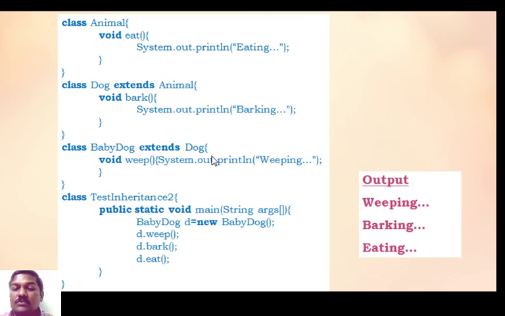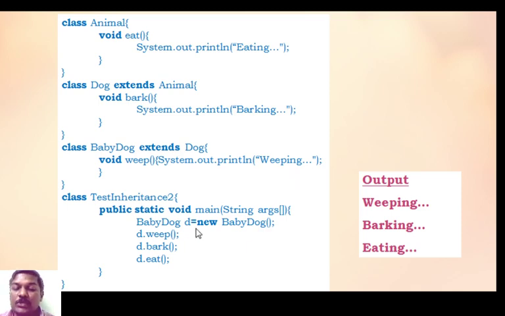So we have the animal class, and already in the previous example we extended the animal into dog. Now I am extending the dog into one more class called baby dog. In the baby dog, I have a method called weep, so it will print the statement weeping.